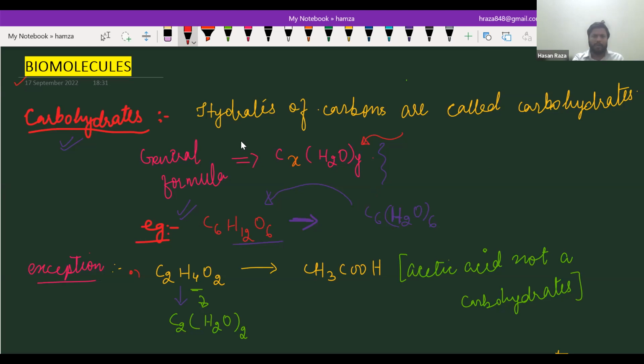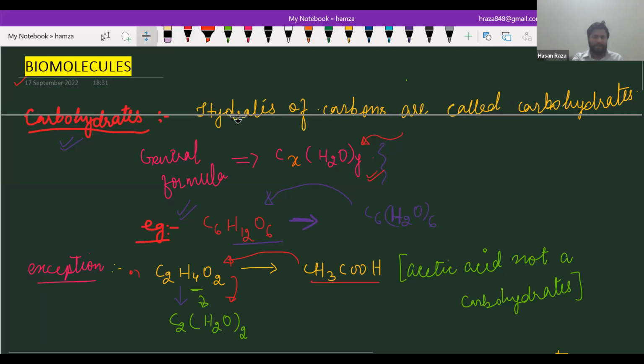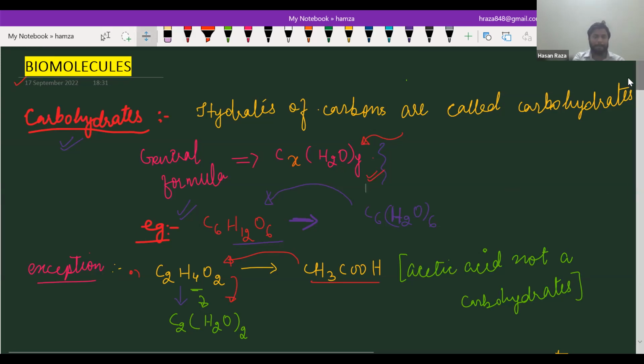After some time, it was found that some compounds that satisfy this formula are not carbohydrates, like ethanoic acid, or you can call it acetic acid. Acetic acid has a formula which we can write like this, and it satisfies this formula but is not a carbohydrate. And there are some compounds that don't satisfy this formula but are carbohydrates. So that's why this formula fails and this theory of hydrates of carbon fails.